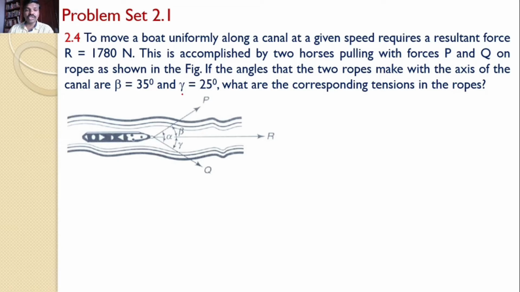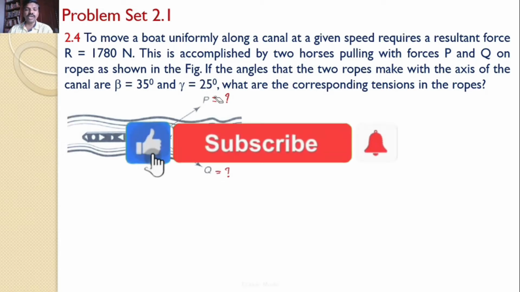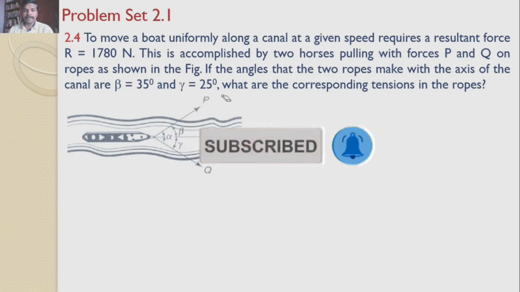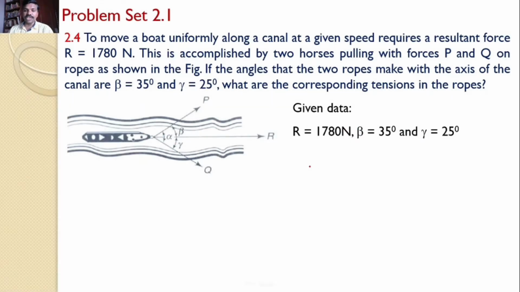Now our aim is to find with what force these horses are pulling the boat. What is the value of P and what is the value of Q? Let us go to the solution. The given data is R equal to 1718 newtons, beta equal to 35 degrees and gamma equal to 25 degrees.